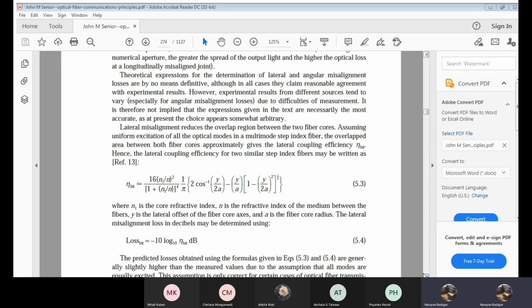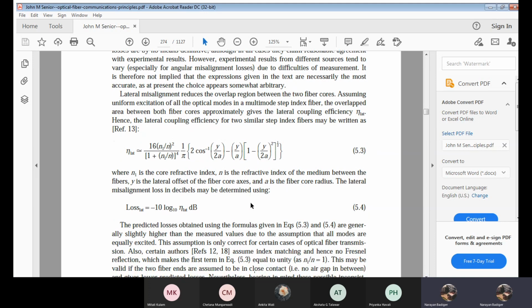A little lengthier, but we can remember it easily. Here n1 is the refractive index of core, n is the refractive index of air, y is the lateral offset, and a is the fiber core radius. If I want to calculate this in decibels, again simple: minus 10 log of eta lat to the base 10. Using this equation, we can easily calculate the efficiency.